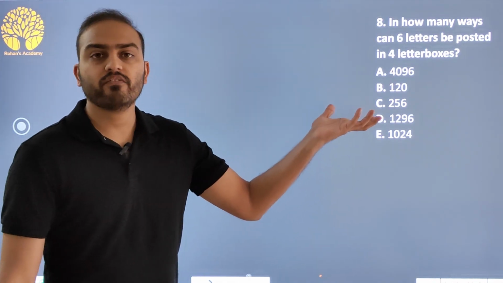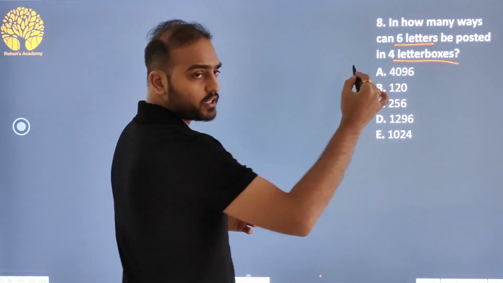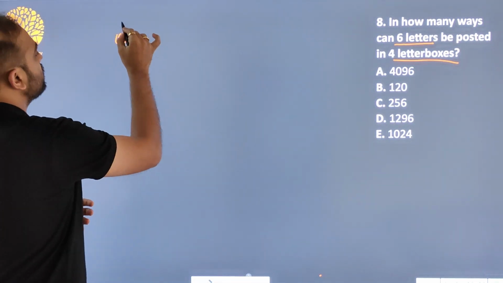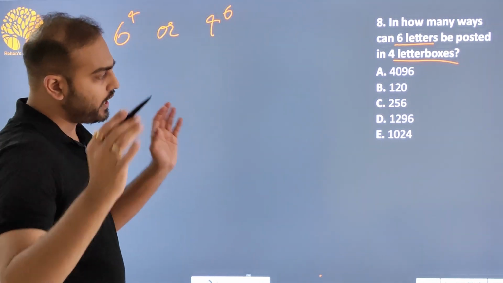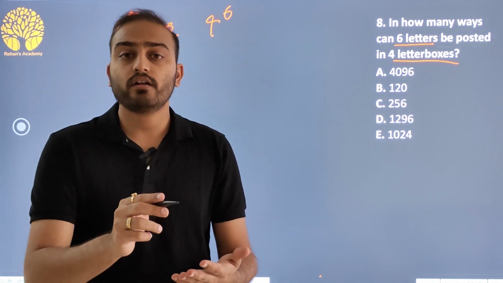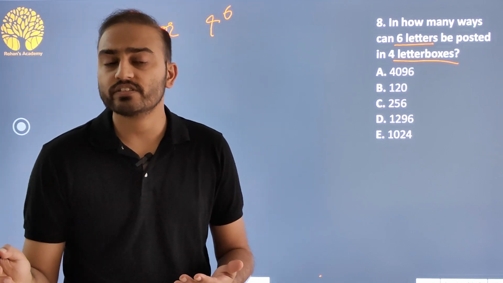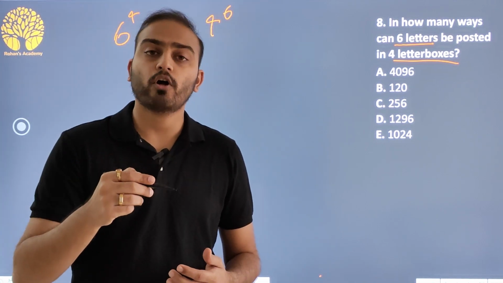So if you have understood the previous one, you should be able to solve this. 6 letters, 4 letter boxes. Again, 6 to the power 4 or 4 to the power 6. Again, take your time and think what can repeat. Can the same letter be given to multiple letter boxes, or can multiple letters be given to the same letter box?